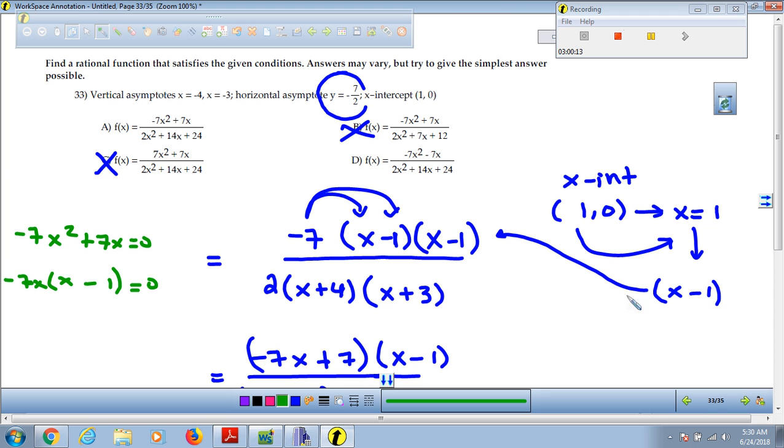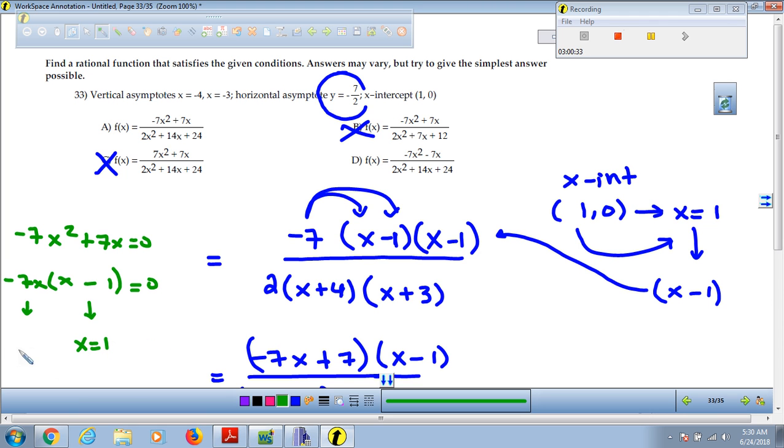Okay, sorry guys that I'm thinking a little bit. But see, if I take this expression on the numerator, on letter A, and I solve for x, this is going to be one x-intercept, and this is going to be another x-intercept. This is x equals 1, right, when I solve for x.